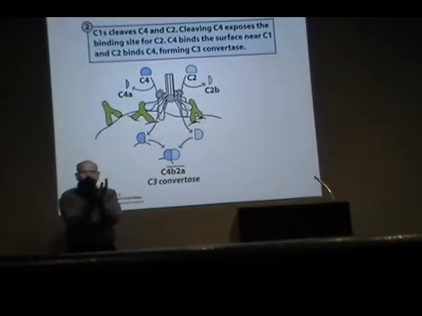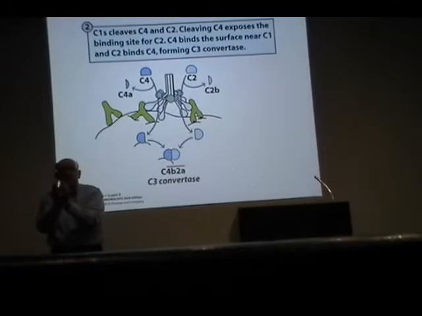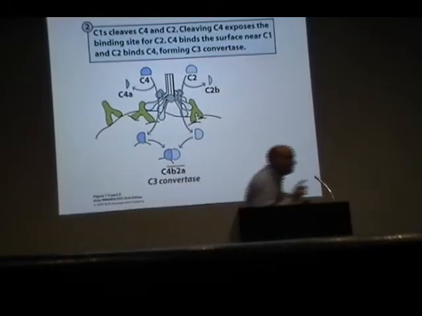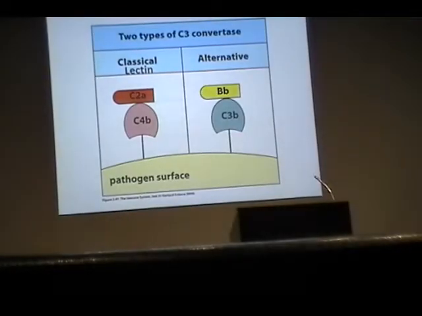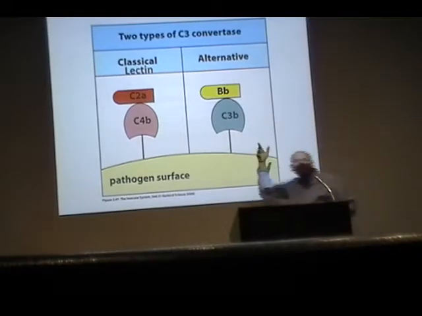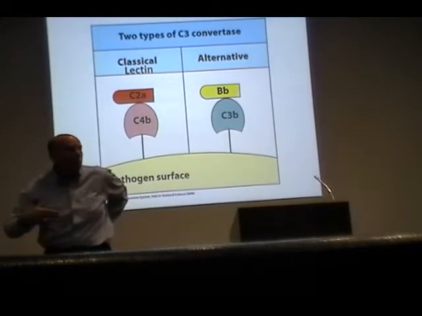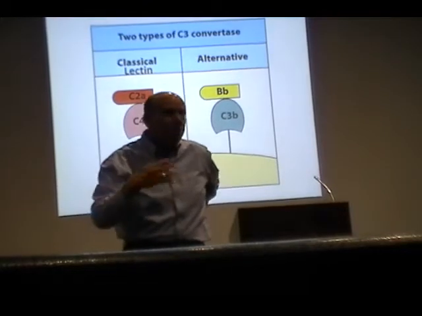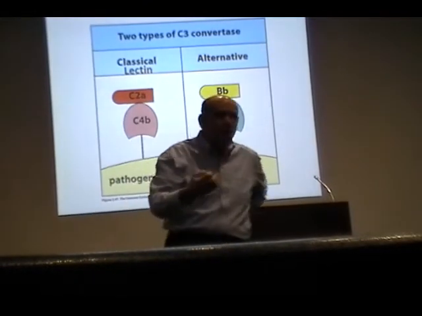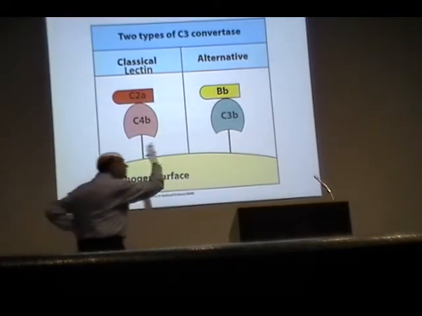And now we've got on the bacterial surface C4B, C2A. That is the exact same thing, structurally, as C3B, BB. We created it the same way. C2 only binds to C4 when C4 is cleaved. C2 is cleaved, and the big part of C2 binds to the big part of C4, and we end up with C4B, C2A.